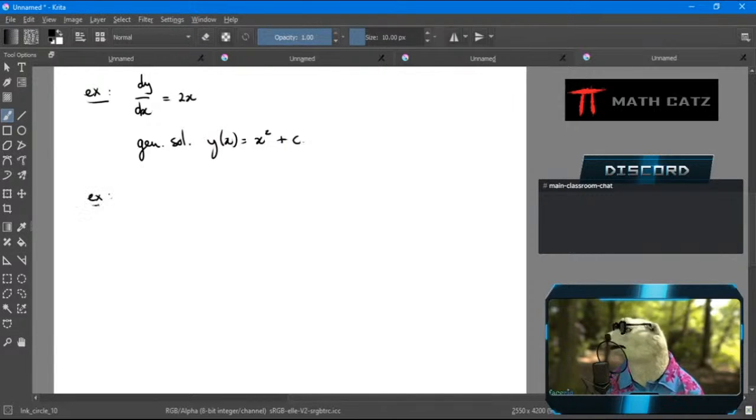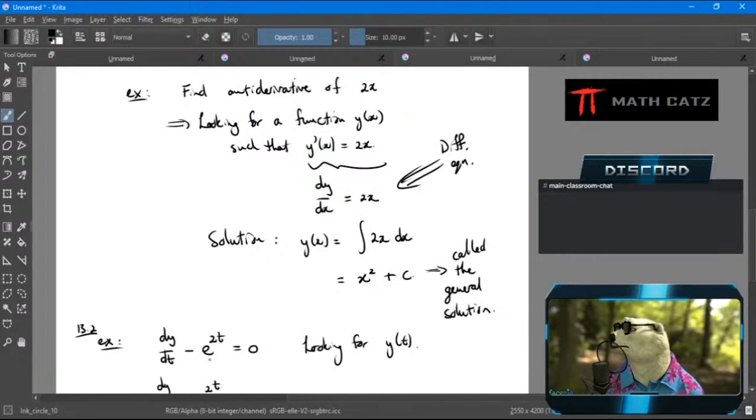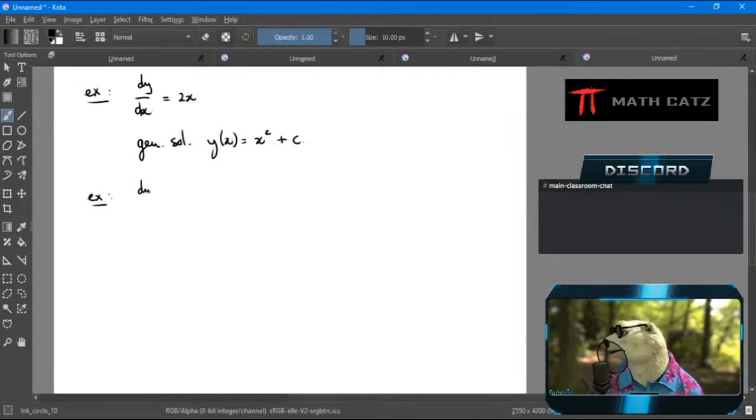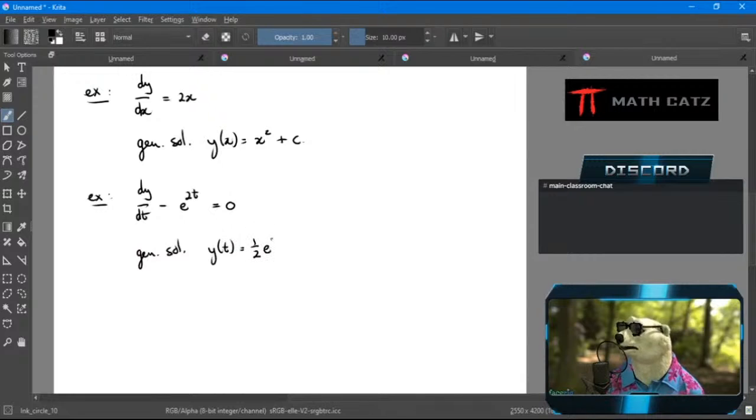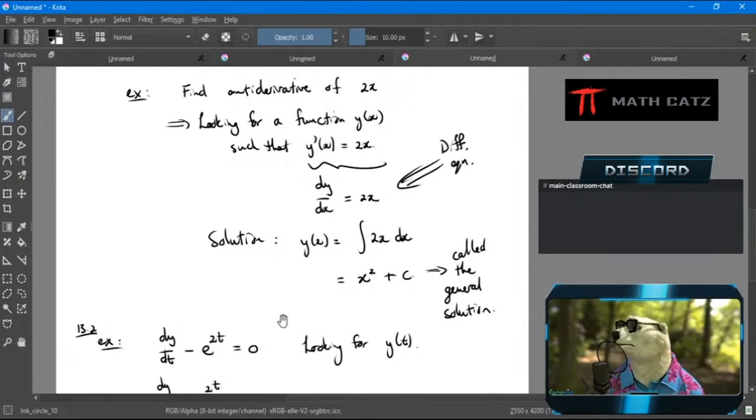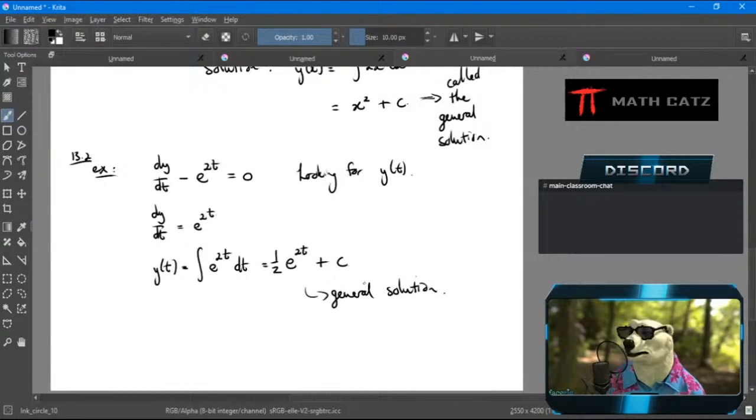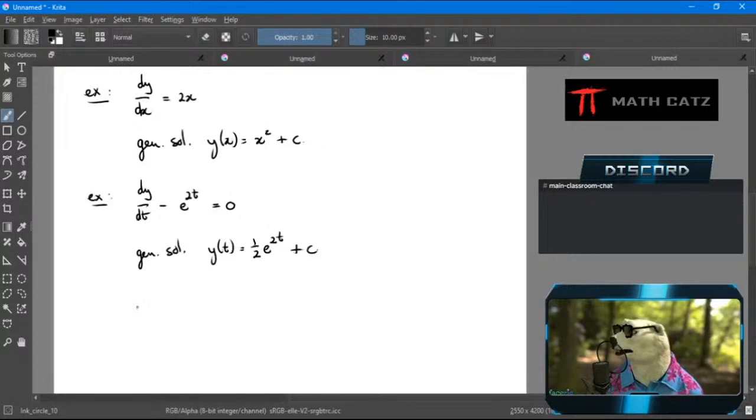Our other example was over here at the bottom, dy/dt minus e to the 2t equals 0. Our general solution was y of t equals 1/2 e to the 2t plus c, which we did by our normal antiderivative procedures. And then up here we had one more example.